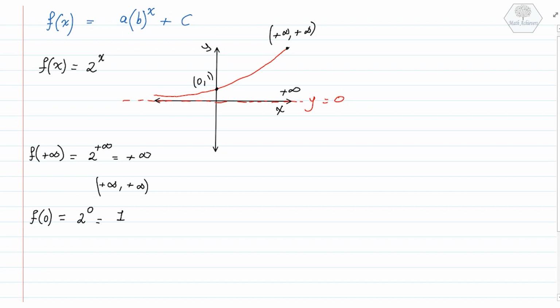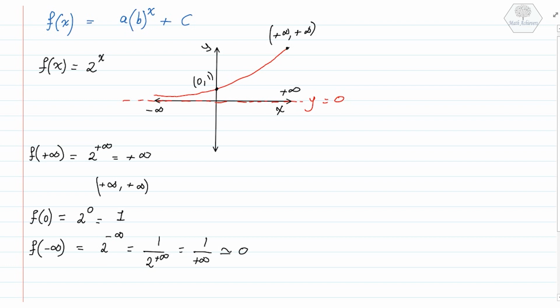Now let's check as x goes to negative infinity. I'm having f of negative infinity, which is equal to 2 to the power of negative infinity, equal to 1 over 2 to the power of positive infinity, which is equal to 1 over a positive infinity, which is approximately equal to 0.